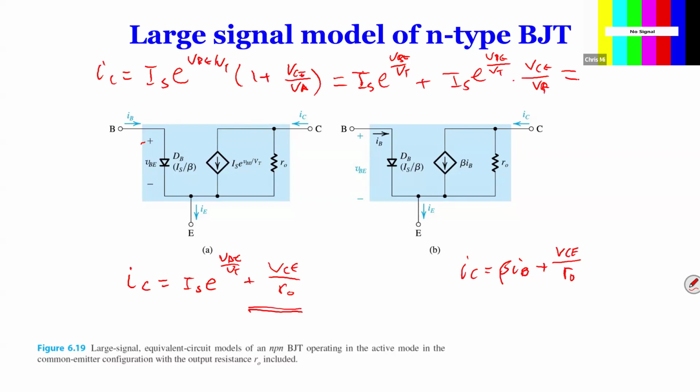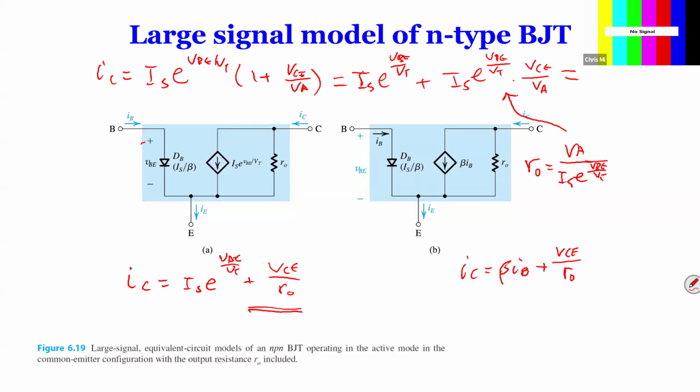Now, what we're saying is RO equals VA over IS e to the VBE over VT, right? So therefore, you can just simply plug in here.